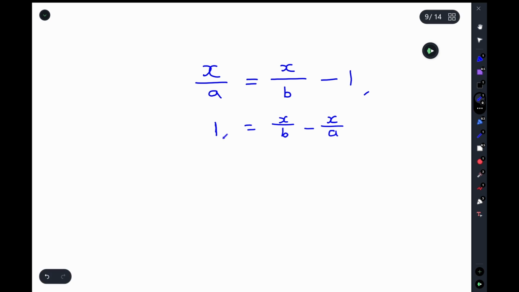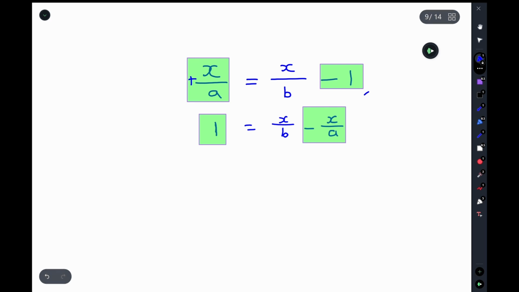Negative 1, this term, was switched to the left-hand side. We moved negative 1 to the other side. It became positive 1. And we moved x divided by a to the right-hand side. It became minus x divided by a. Again, the positive sign is understood at the beginning, positive switches to negative.